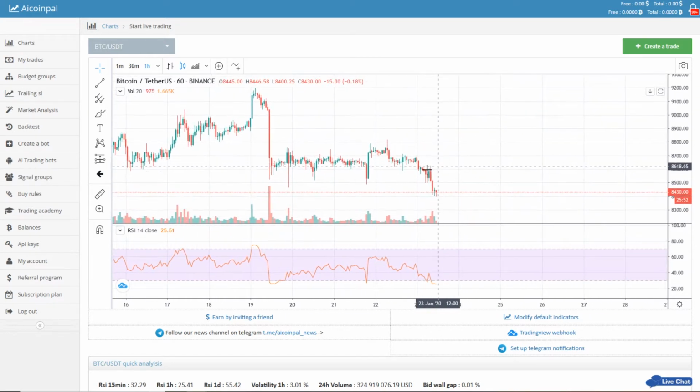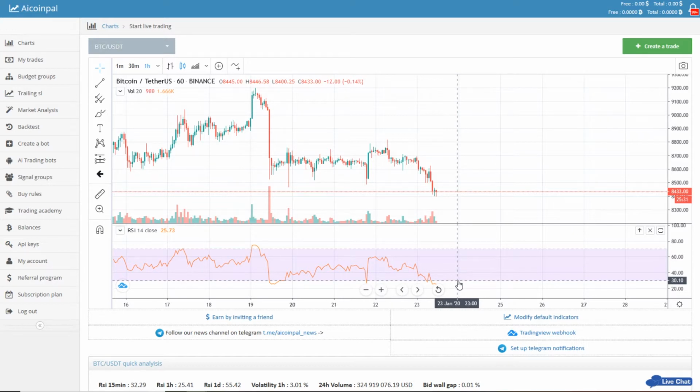The RSI is calculated by the green and red candle sizes, and therefore it calculates the relative position of the price. So right here we have really long and many red candles, therefore the RSI is below the so-called 30 zone.